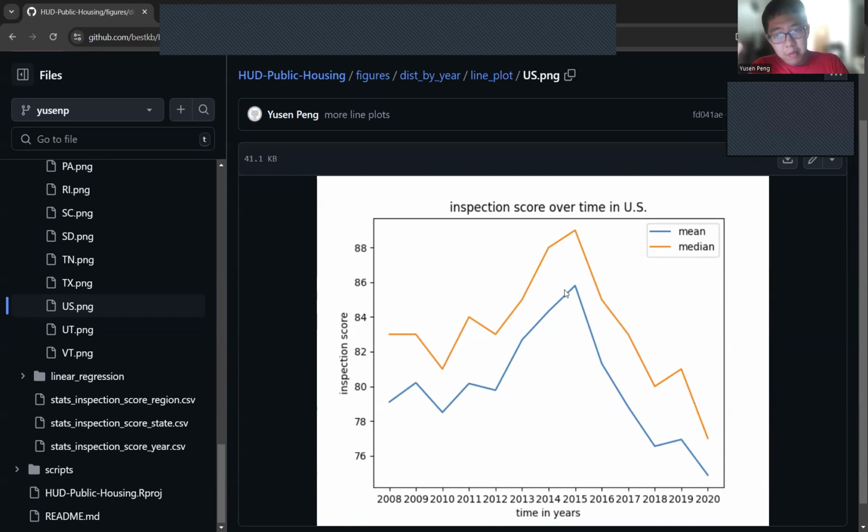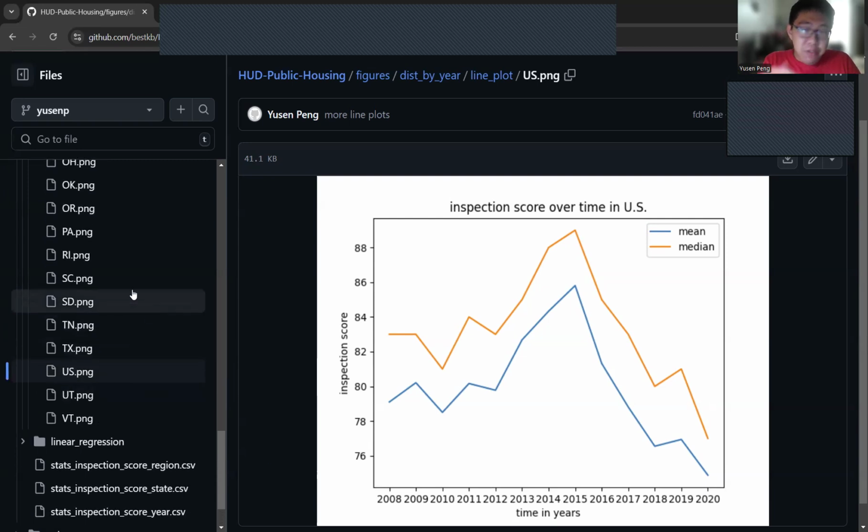I wasn't sure which one is better, but I think both of them share the same trend. It increased a little bit in 2015 and 2016, and then it's decreasing over time to 2020. Both mean and median are not as high as before.